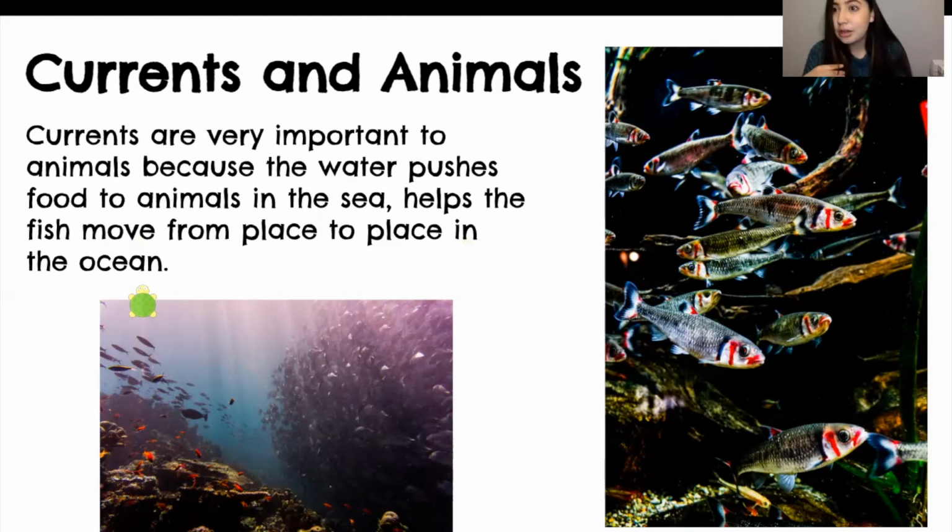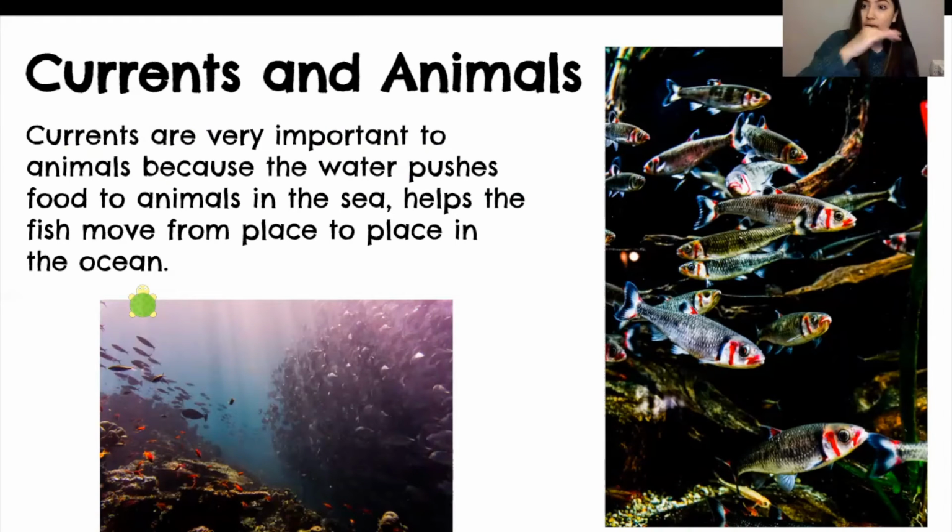And not just fish, other animals too. Sharks, whales, dolphins, all these different animals need food to eat, and the water pushes the food towards the animals, but the animals also need to travel and move from place to place to find food or to live in a comfy place, right?